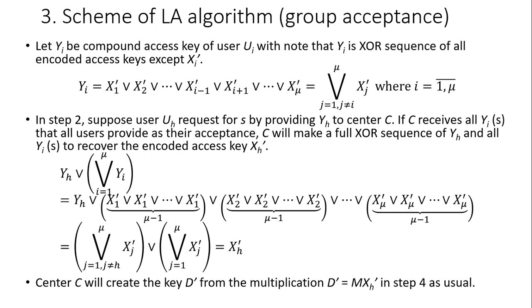This is the scheme of our algorithm with group acceptance. Let Yi be the compound access key of user Ui. Yi is a sequence of encoded access keys S I quark.